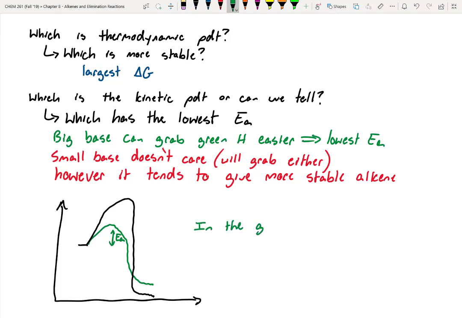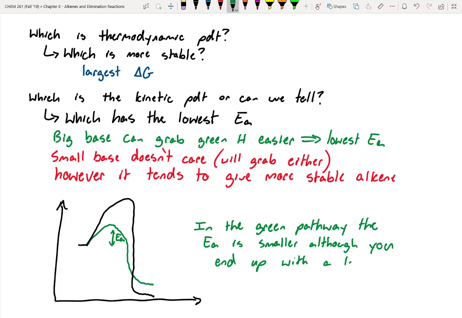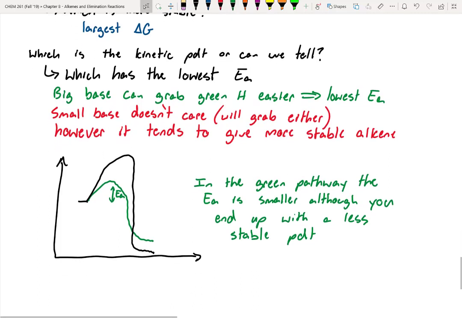In the green pathway, the activation energy is smaller, although you end up with a less stable product. So down here we can fill this in and we can say reaction progress and energy.